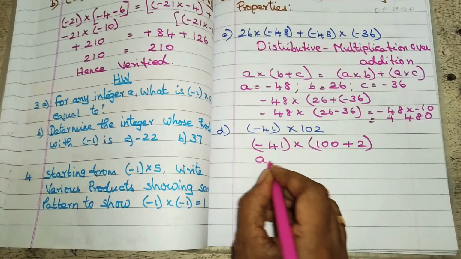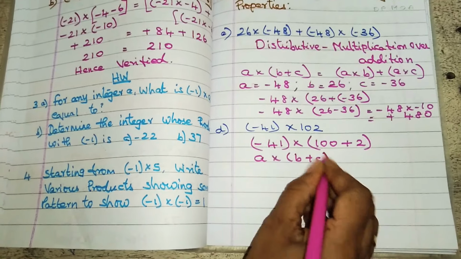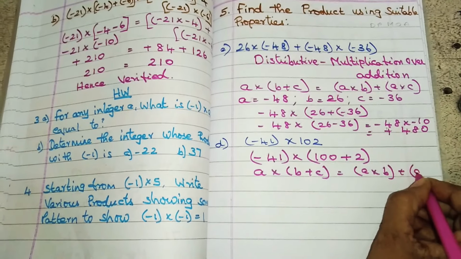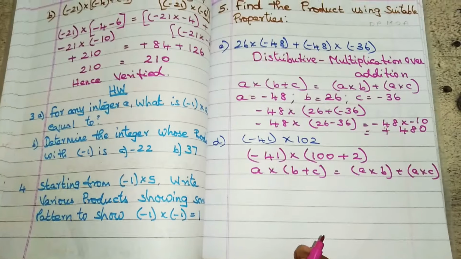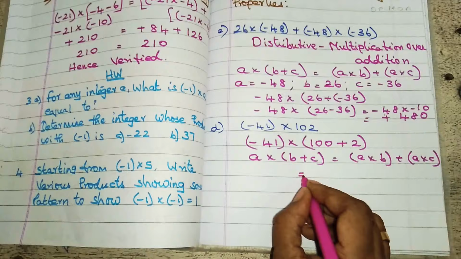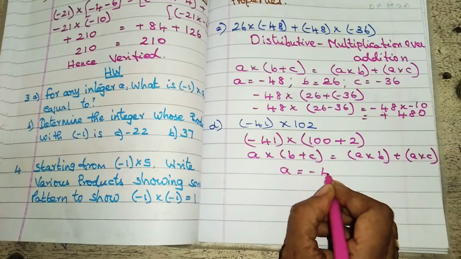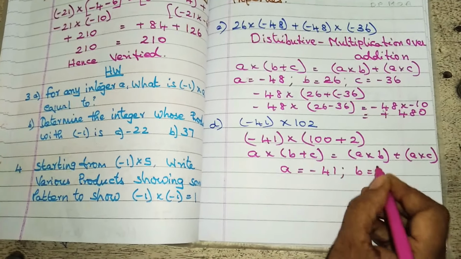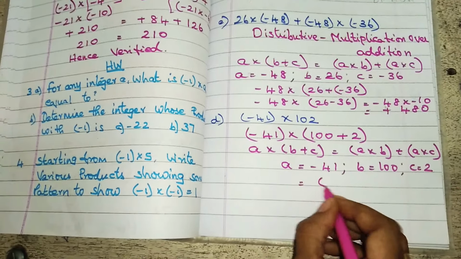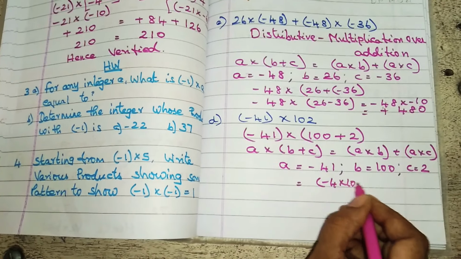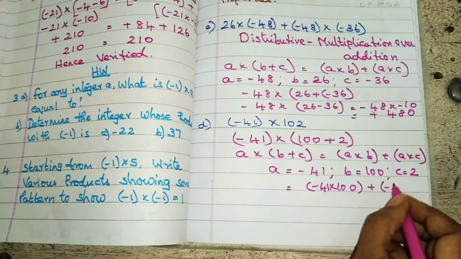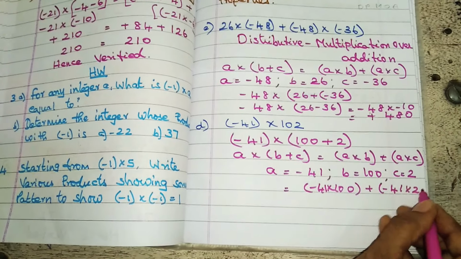So again the formula is A into B plus C is equal to A into B plus A into C. Now this LHS is given. I am going to substitute in RHS. So my A is, what is A? A is minus 41. What is B? 100. What is C? 2. So minus 41 into 100 plus minus 41 into 2.